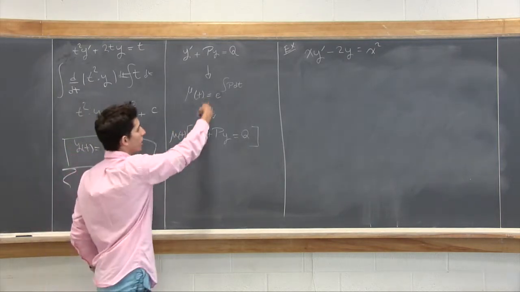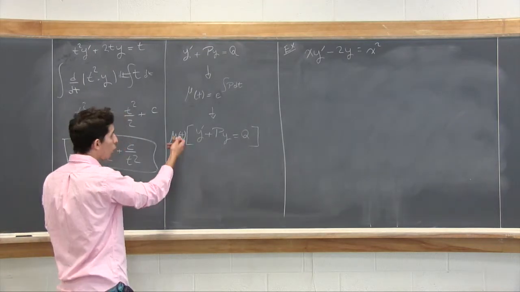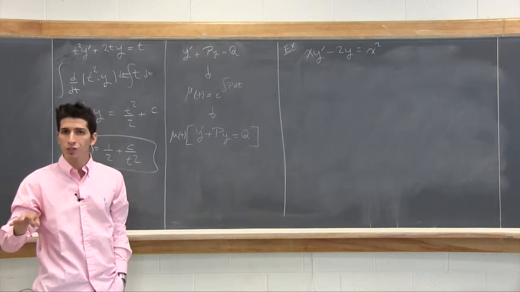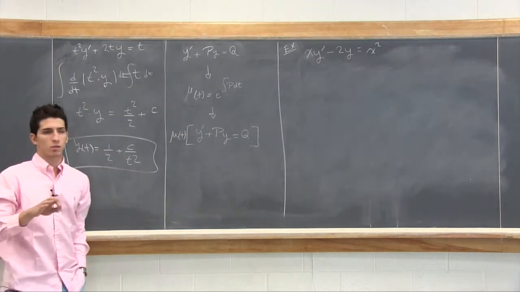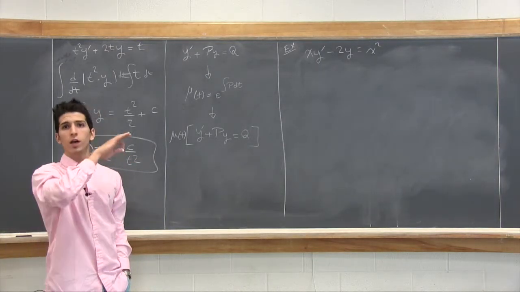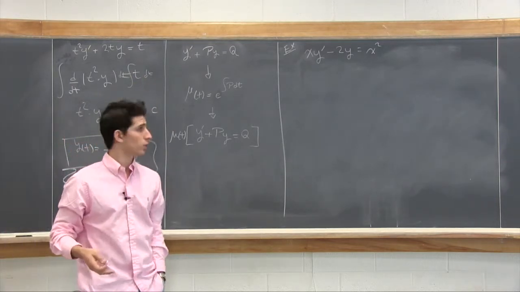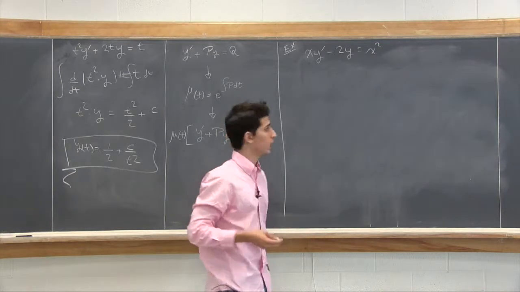So you're just saying e raised to the integral of p. Once you find your integrating factor, all you have to do is multiply the whole equation by the integrating factor, and you end up right here. And then basically rewrite the equation, integrate the right side, and read off your answer. Okay, so let's go ahead and do an example and see how this actually works out.